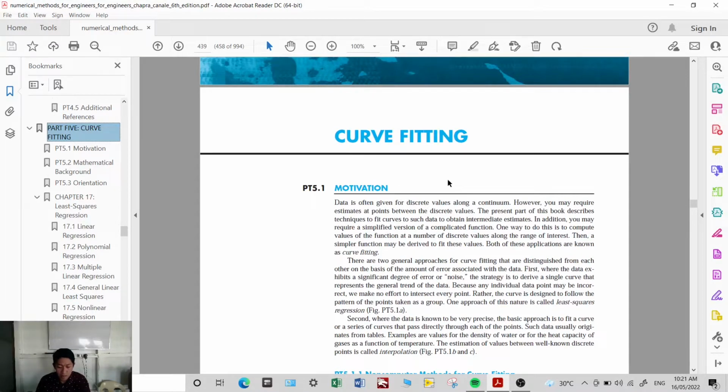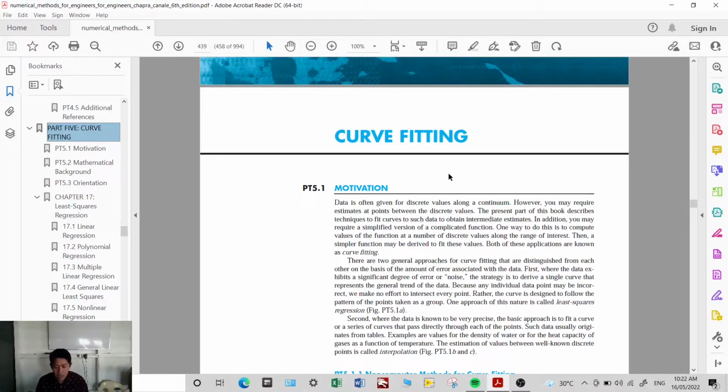As engineers, we are presented with data, or in our experiments, we gathered some data. Now, the question is, how do we interpret these data, or what is the relationship between the dependent and independent variables?